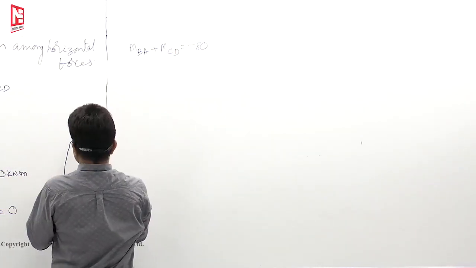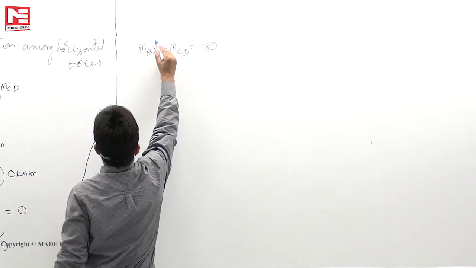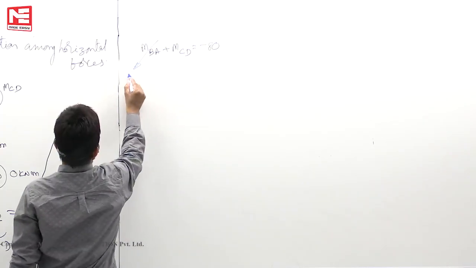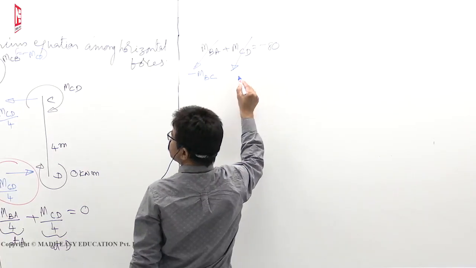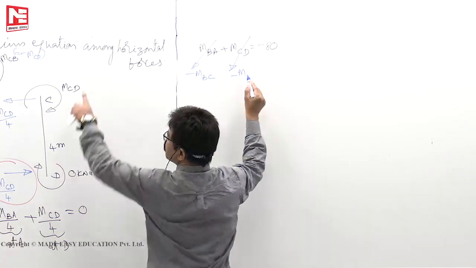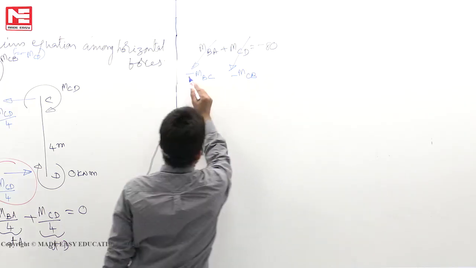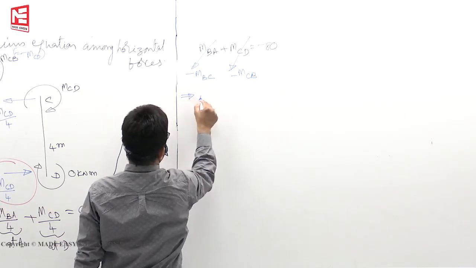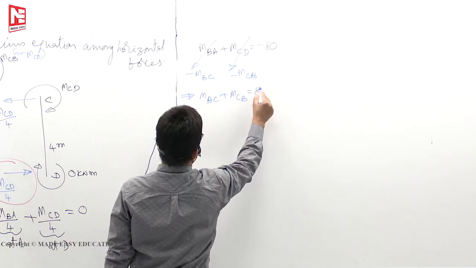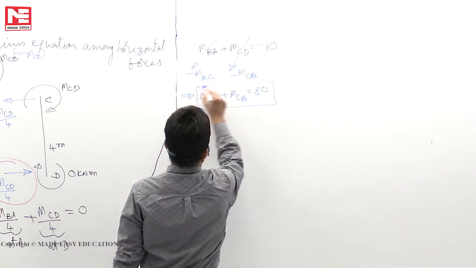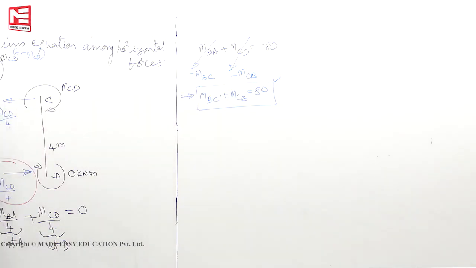So MBA I can write as minus MBC. This I can write as minus MCD, which is nothing but minus MCB. All minuses cancel out. So you will get MBC plus MCB is equal to 80. So the correct option is MCB plus MBC is equal to 80. 2 minutes time for this type of calculations.